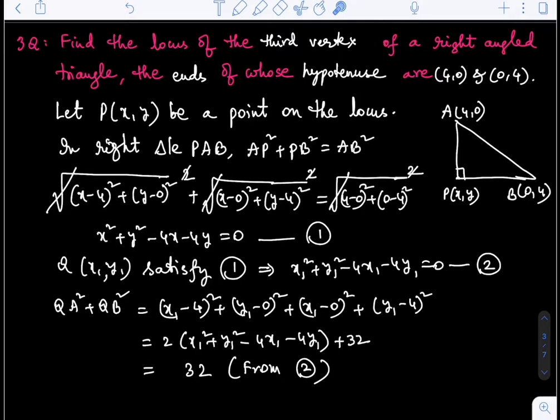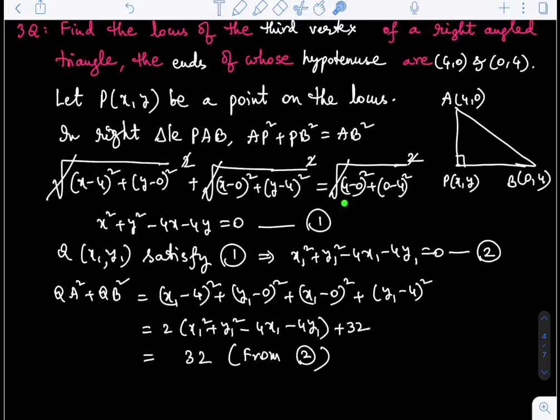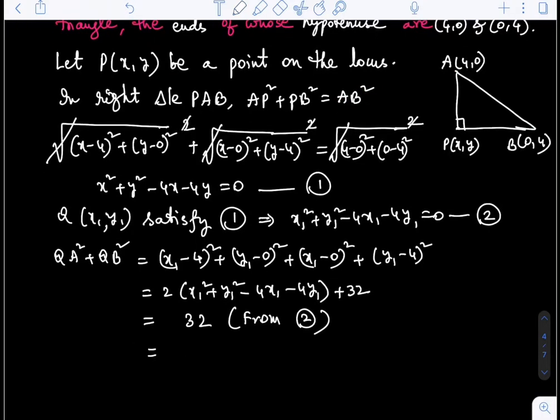But what is 32? When you go to the previous step, you can see 32 here itself. 4 square plus 4 square, that is distance between A and B is root 32. So AB square. It will become AB square here. That is QA square plus QB square becomes AB square here.